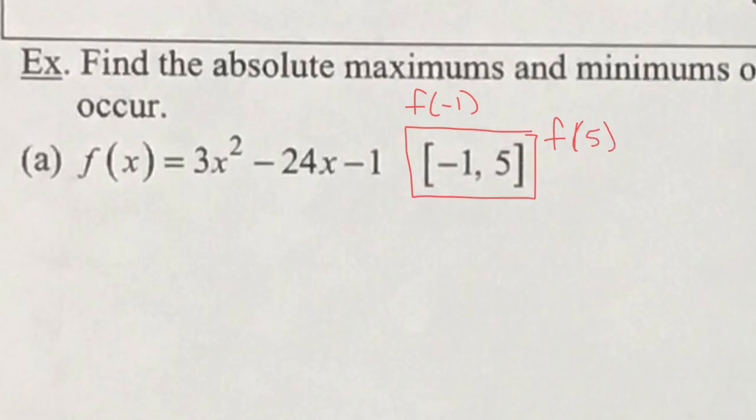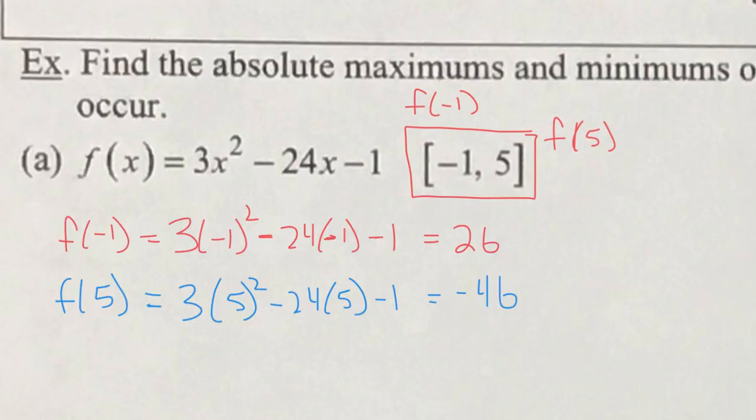Those are also endpoints. So f at -1 equals... Here we have evaluated your endpoints, because those are part of your critical values. And we got 26 when x is -1, and -46 when x is 5.